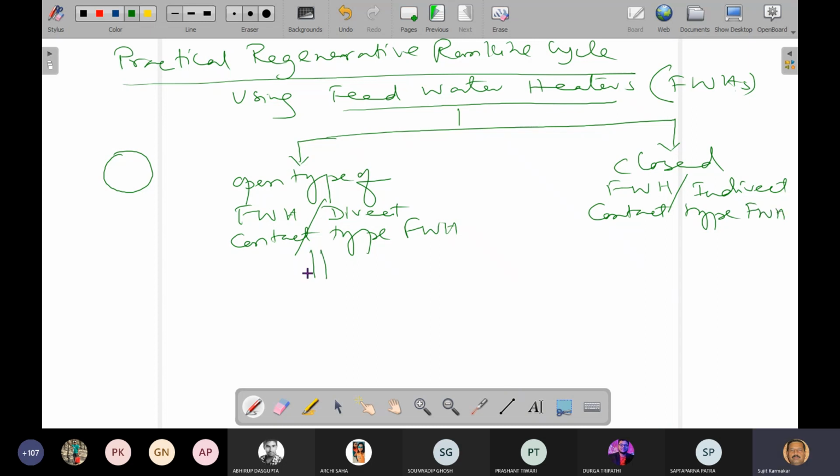There is also one more name. I think you can remember what it is called: the deaerator. What is the function of the deaerator? It reduces air content.